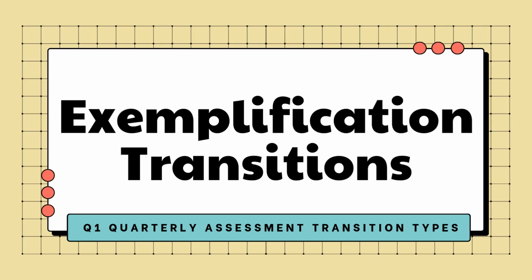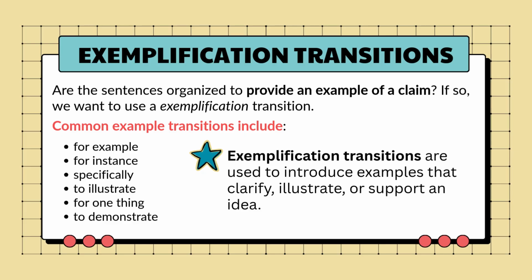First, let's take a look at exemplification transitions. Exemplification transitions are used to introduce examples that clarify, illustrate, or support an idea. Are the sentences organized to provide an example of a claim? If so, we want to use an exemplification transition.